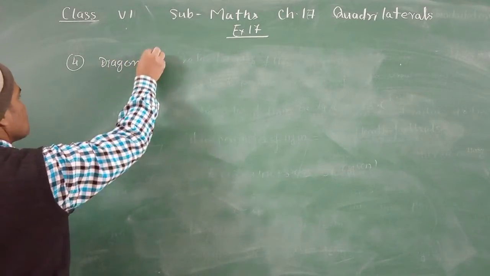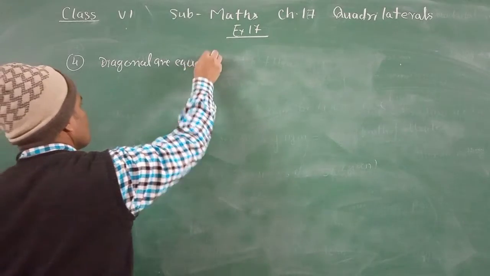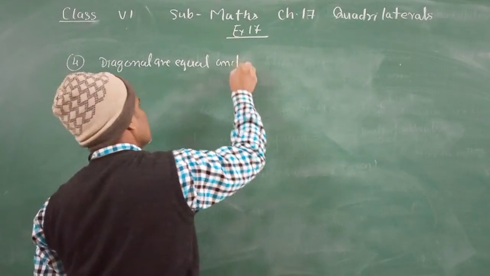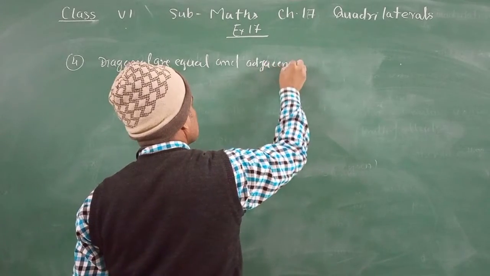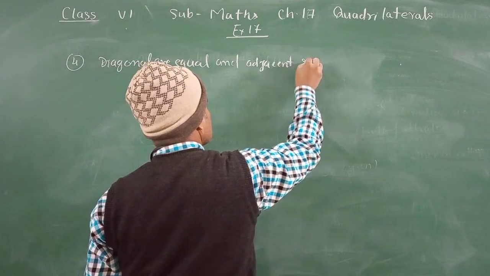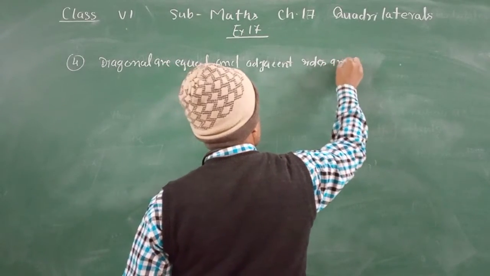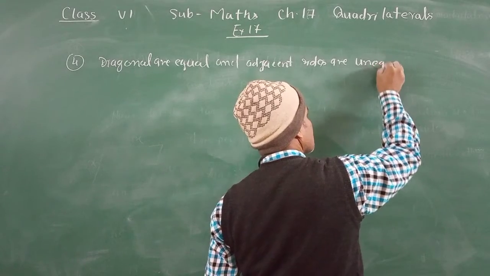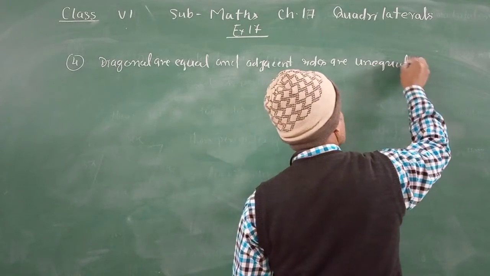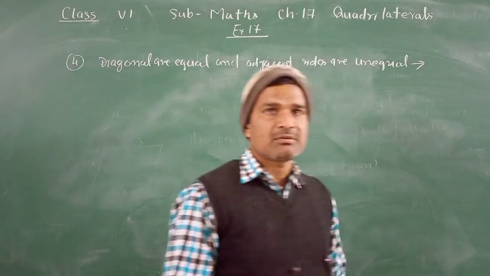Diagonals are equal and adjacent sides are unequal. What is the name of this parallelogram?